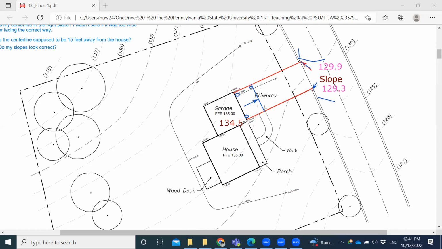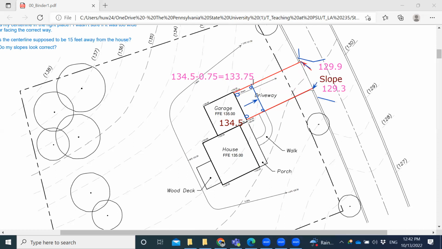Then you would use 15 feet and 5% to calculate these two spots. So that's basically 134.5 minus 0.75, right? So that gives you 133.75. That's the spot over here.